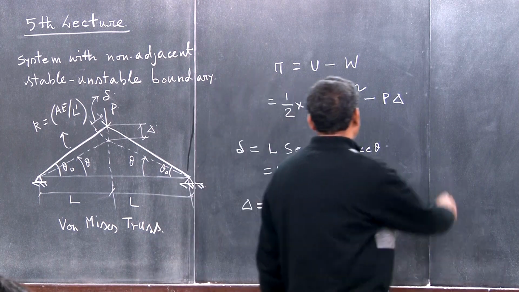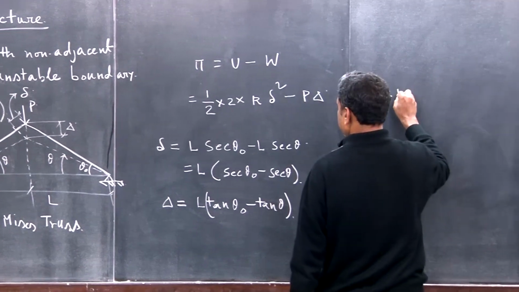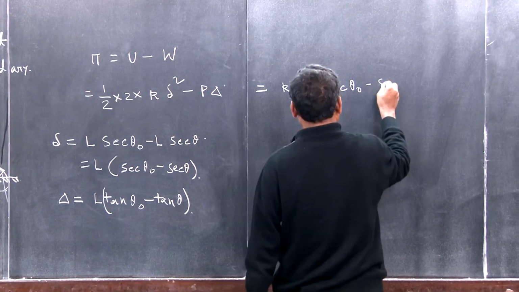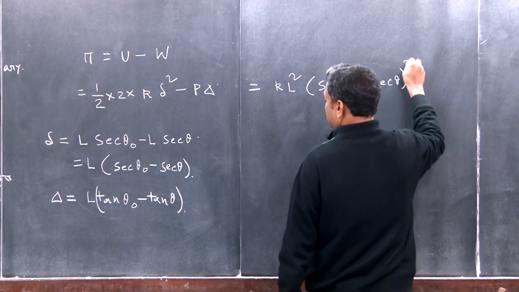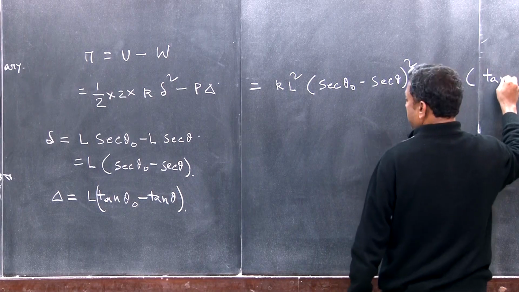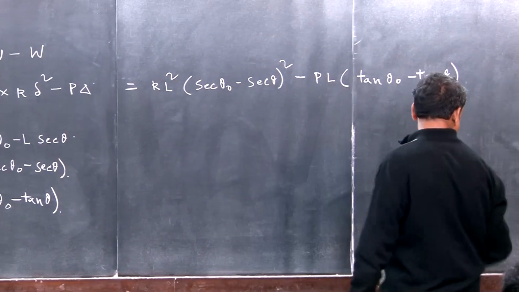So, let us see k delta square means k L square into sec theta 0 minus sec theta whole square, minus P L into tan theta 0 minus tan theta.